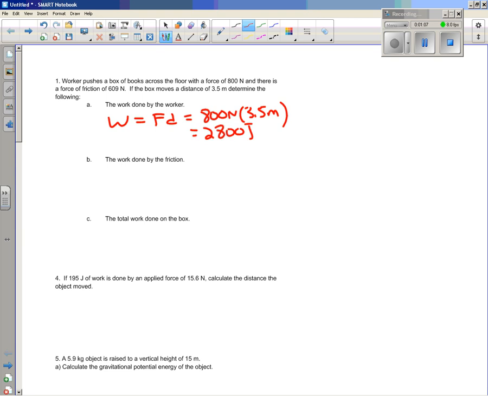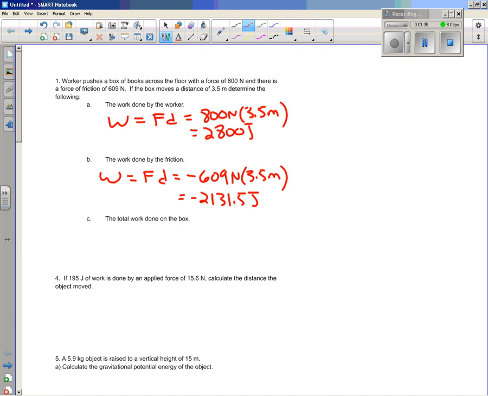Work done by friction, same formula, but it's only using the force applied by friction. And it's going against the distance traveled, so we call it a negative 609 newtons, 3.5 meters. Negative 609 times 3.5 equals negative 2131.5 joules of work.